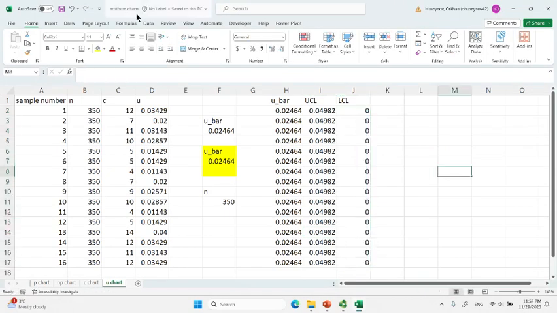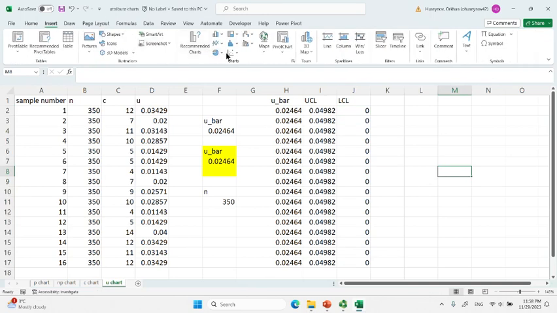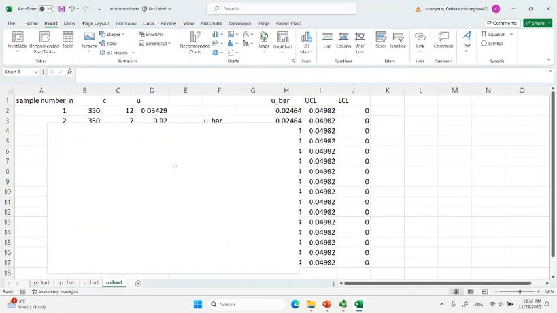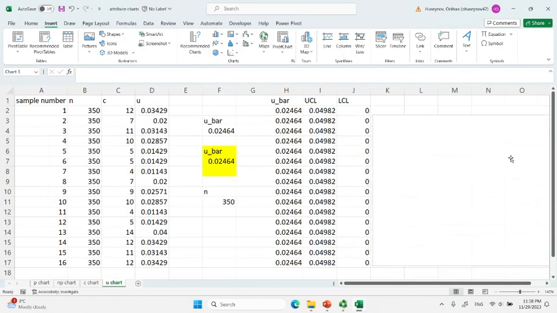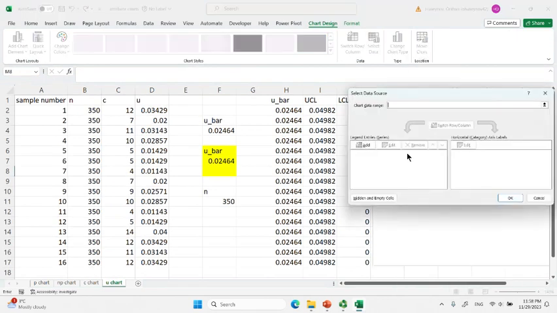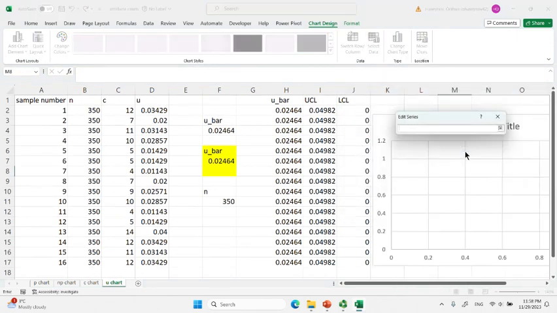Okay, time to plot it. We will insert the plot and then select the data. I will add my x values, which are the sample numbers, and my y values, which are the u values.